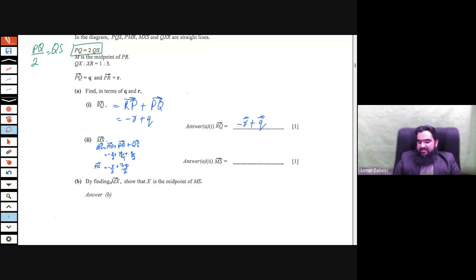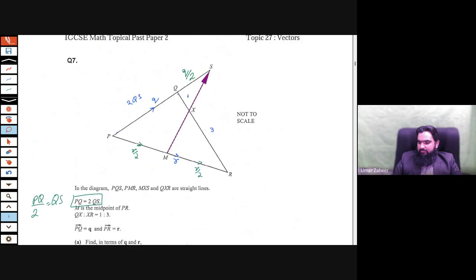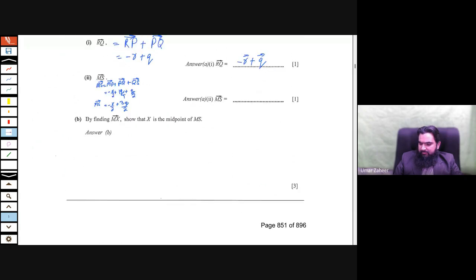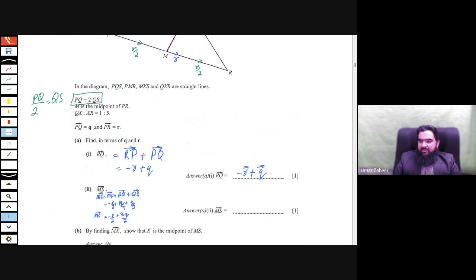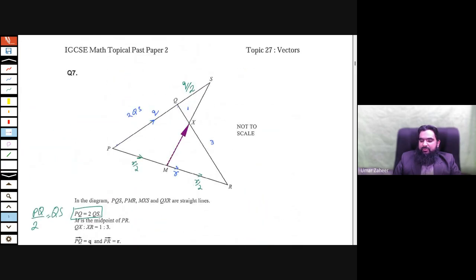Now in the next part, he says to find MX, that is M to X, and show that X is the midpoint of MS. If it is the midpoint, then if you take the half, obviously it will be equal.